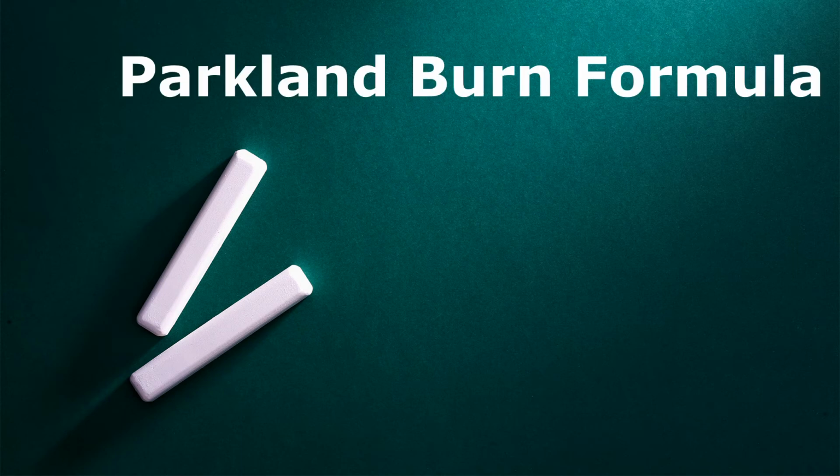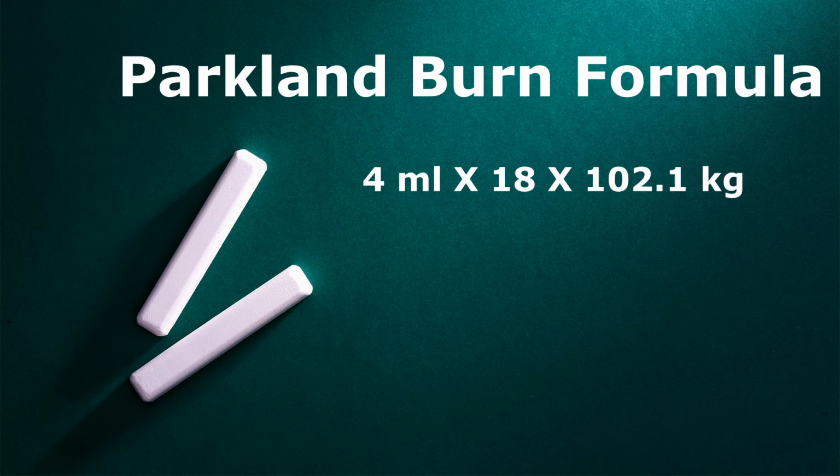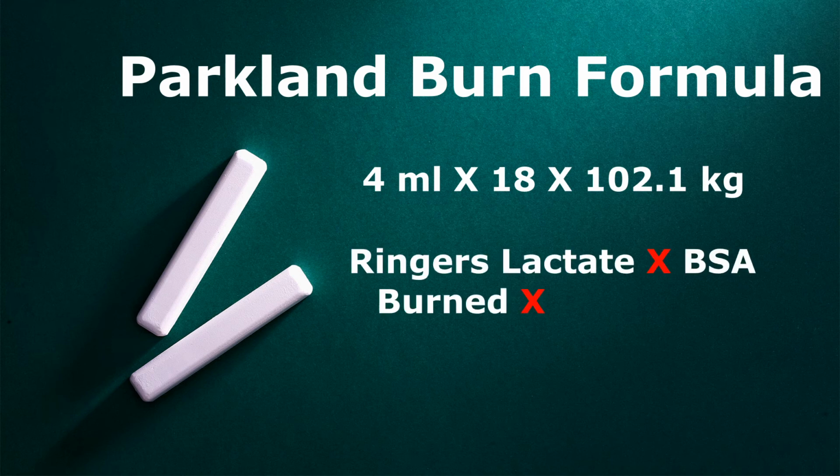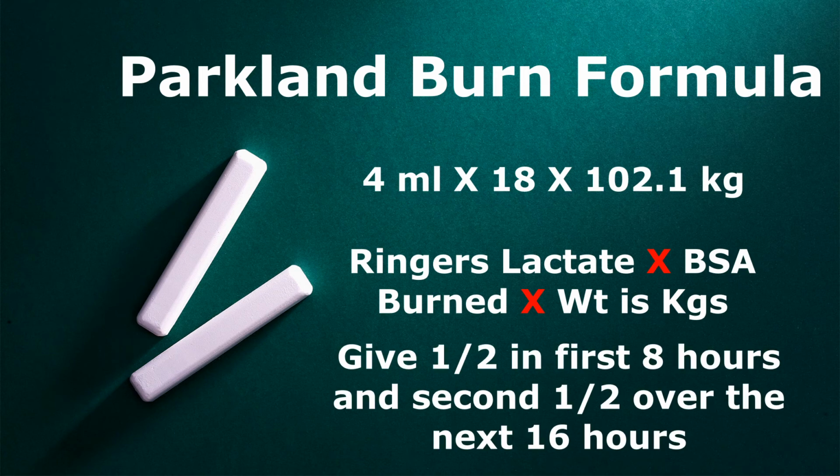The formula itself goes like this. We give 4 milliliters of Ringer's lactate times the amount of body surface area burned times the weight in kilograms. That's the actual formula.